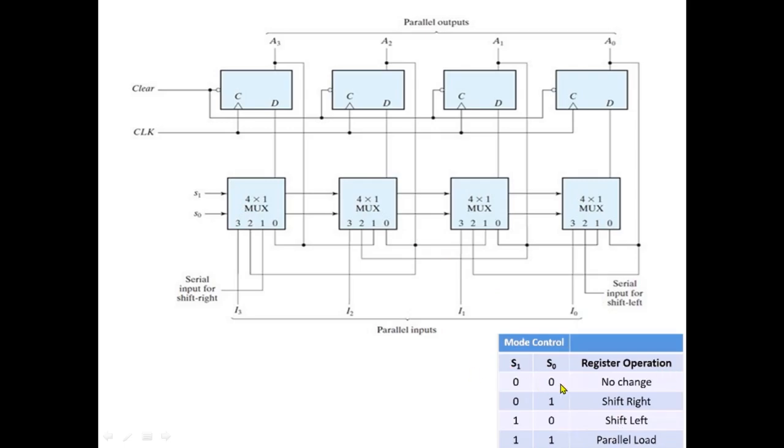To get the 00 operation, the output of each flip-flop has to be connected to the 0th input of its multiplexer. That is the D0. If the output of that particular flip-flop is connected to the 0th input of that multiplexer, then when we select 00, the multiplexer output is D0, that is, the output of this flip-flop.